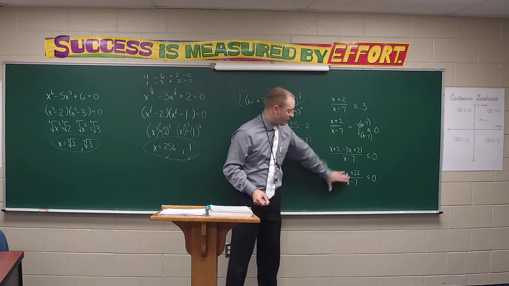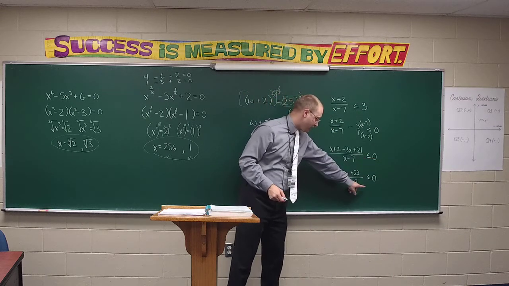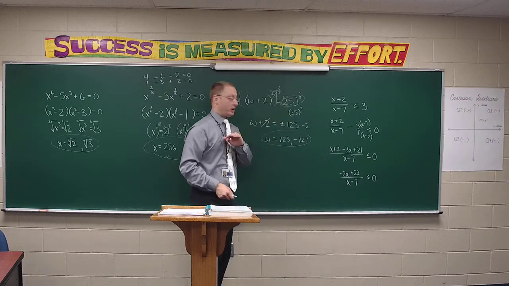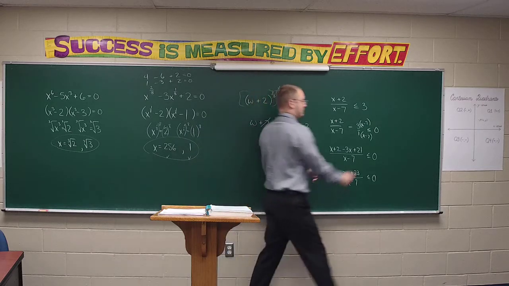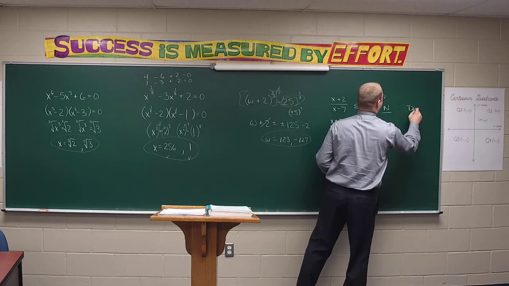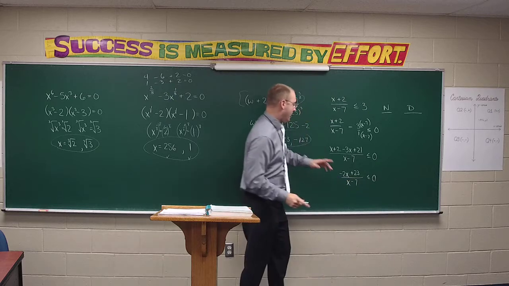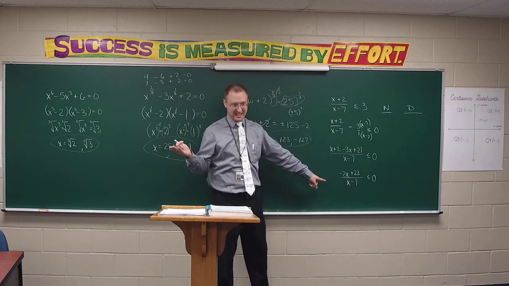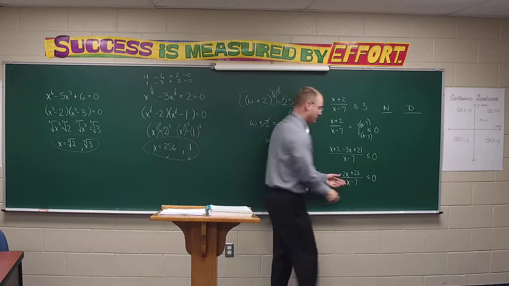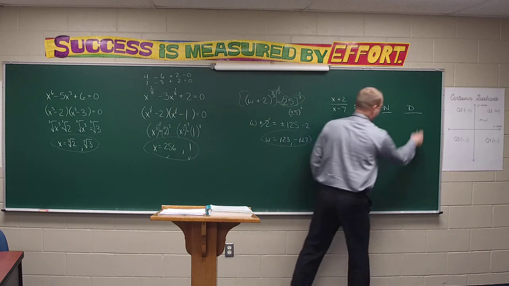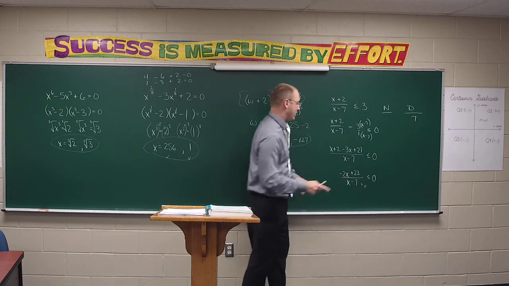Once we have a single fraction set to 0, now I can get my separator points. My numerator is going to give me some separator points, remember, and the denominator will give me some as well. Well, the denominator separator point's the easiest one, class. 7, right? Because you just set it to 0. So 7's my denominator separator point.